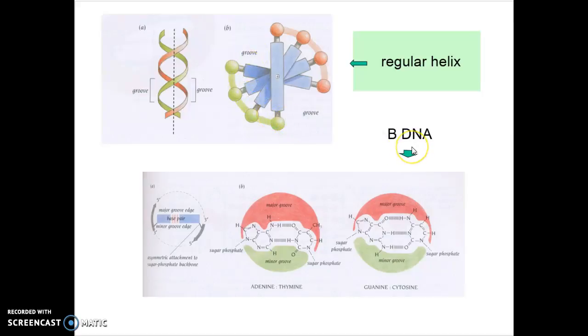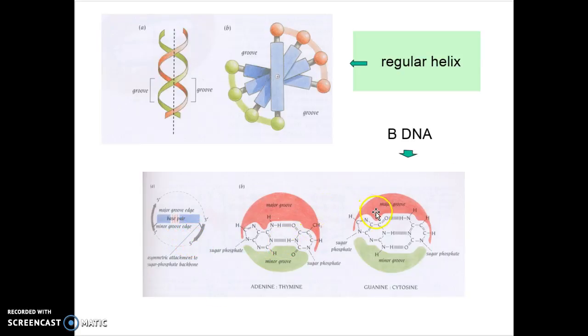However, in B form, base pairs are attached to the sugar phosphate backbones in an asymmetric way, allowing a wider groove called the major groove on top, and a narrow groove called the minor groove at the bottom.